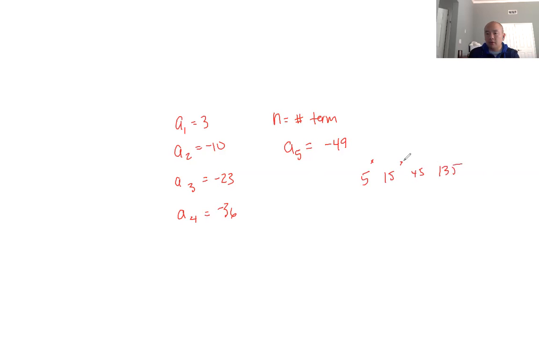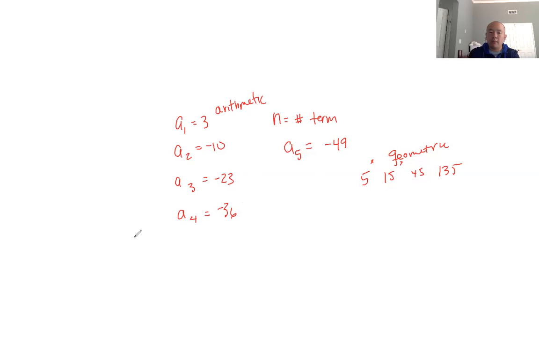So this is a geometric sequence, with a ratio. And what we have here is an arithmetic sequence, separated by -13.